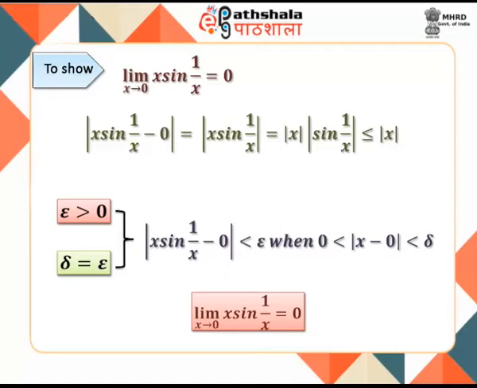Let epsilon greater than 0 be given. Choose delta equal to epsilon, then modulus of x sine 1 by x minus 0 is less than epsilon when 0 is less than modulus x minus 0 is less than delta. Hence, limit x tends to 0 of x sine 1 by x is equal to 0.